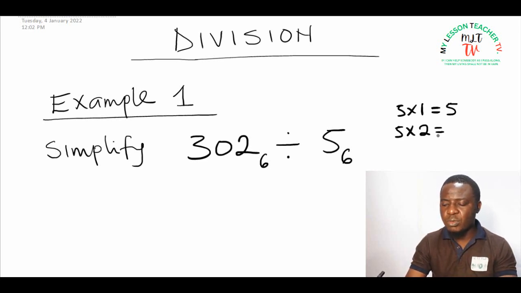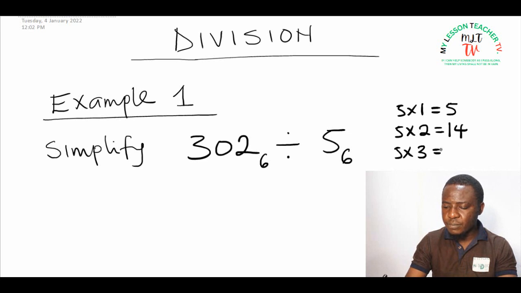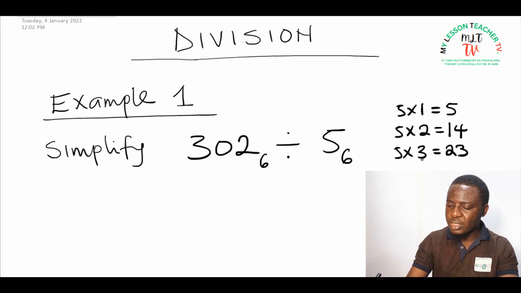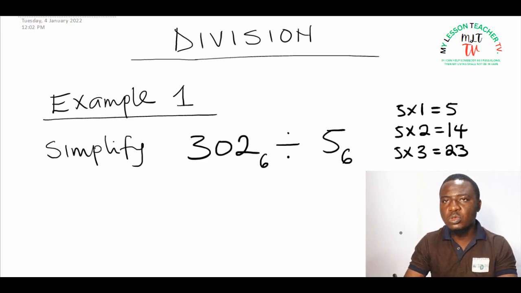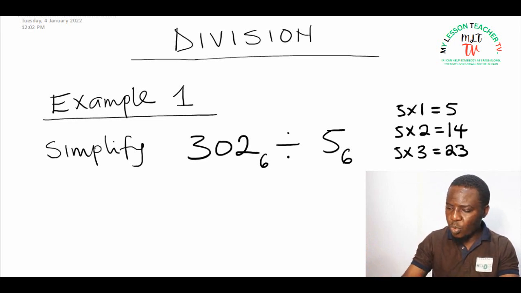So 5 times 2 in base 6 is 1 remainder 4, which is 14. And 5 times 3 in base 6 is 23. That is, 5 times 3 is 15, and 15 divided by 6 is 2 remainder 3. So you need to know this up to whichever number is required of you.